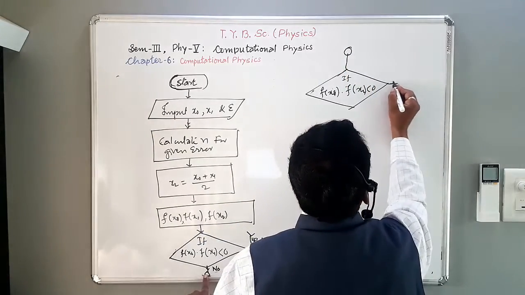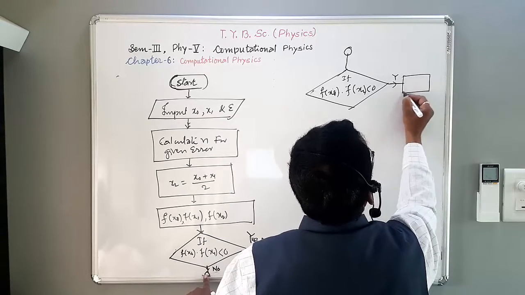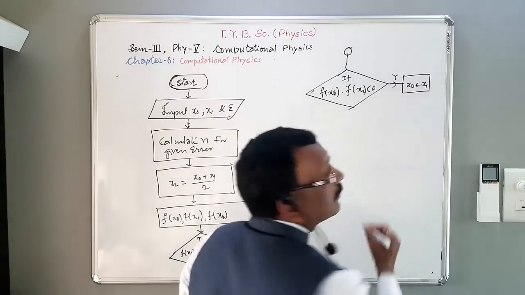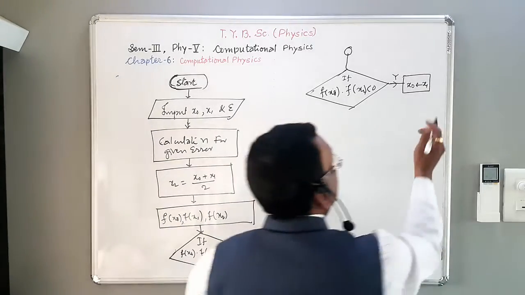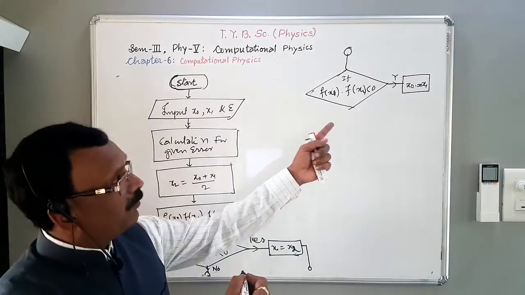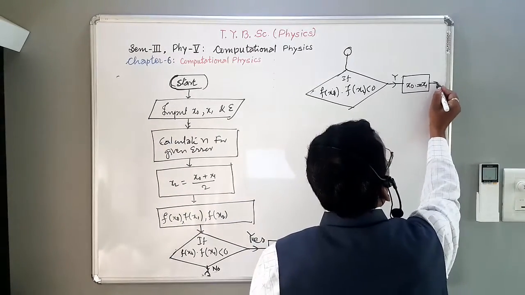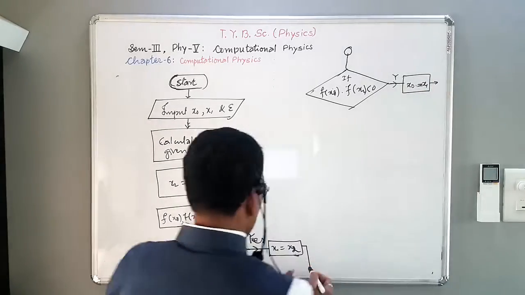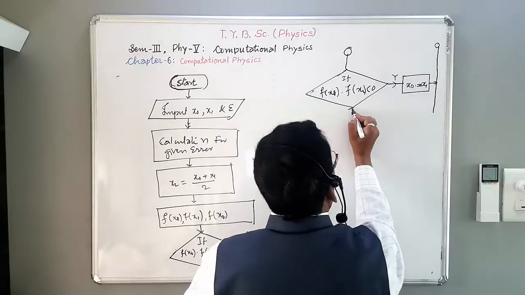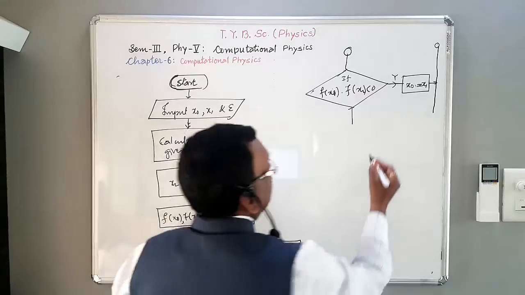If this condition is true, yes, then replace x0 by x1. That is, when the condition is true, replace the value of x0 by x1, and then this is the connector here, and simply come here.